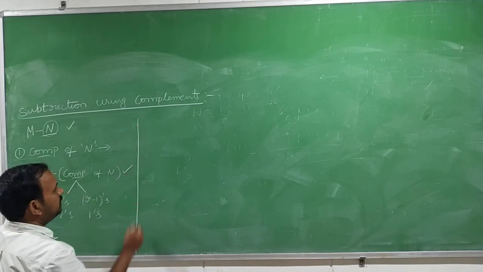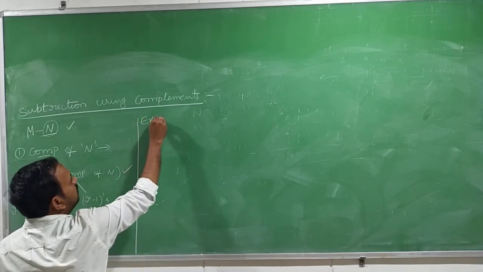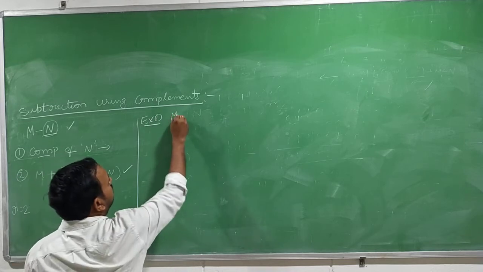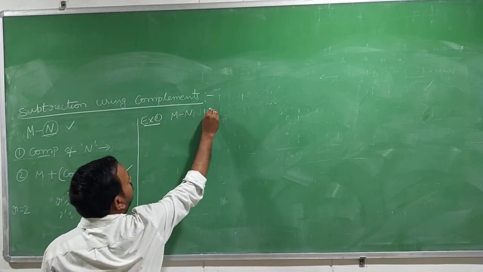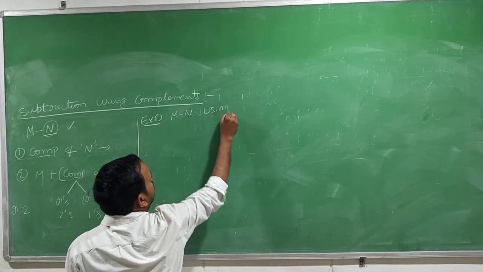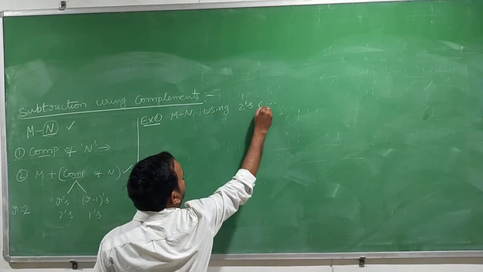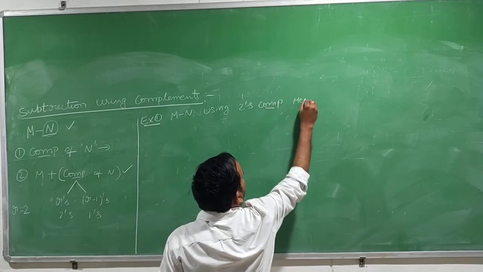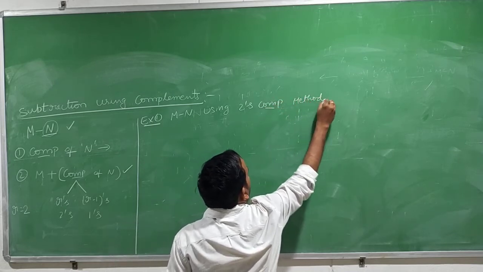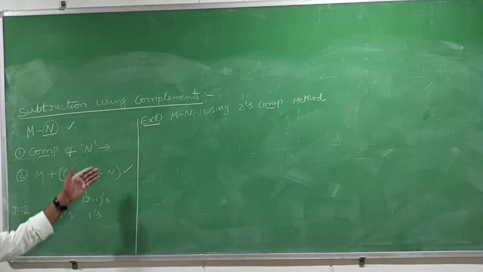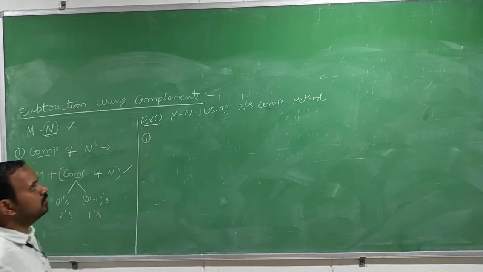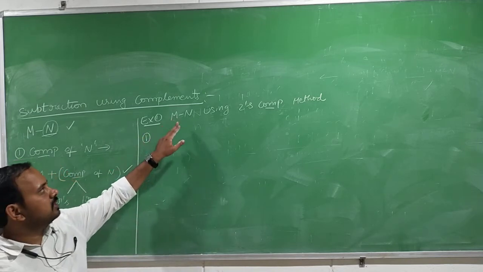Example 1: m minus n using the 2's complement method. Before going into m minus n, I need to tell two rules. Here you will have three possibilities.